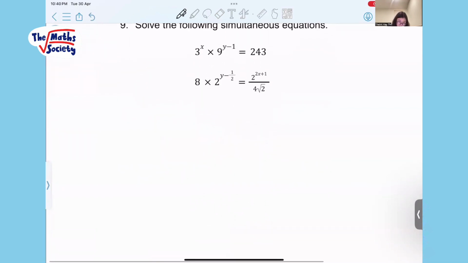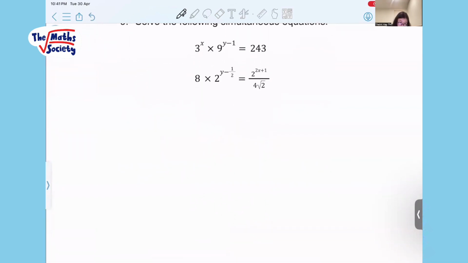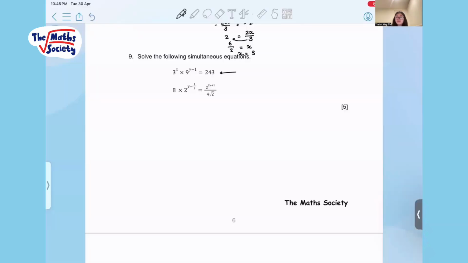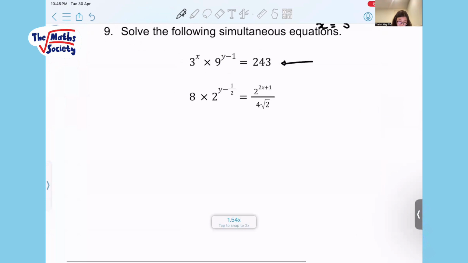And then to solve the simultaneous equation, so we know that 3 power x. Yep, so now moving on to question 9. So we see that 3 power x multiplied by 9 power y minus 1 equals 243. So it's 3 power x multiplied by, 9 is 3 squared, yeah? So it'll be 2y minus 1 equals 3 power 5, which is 243.